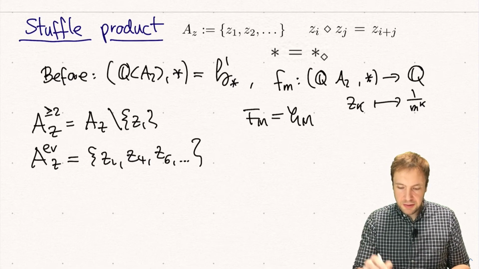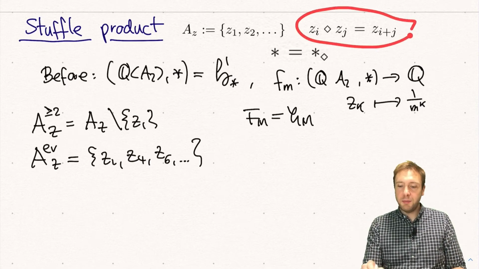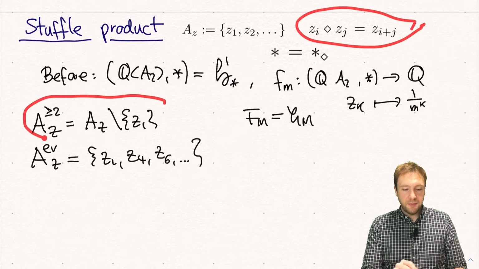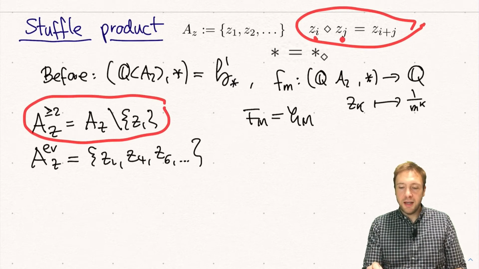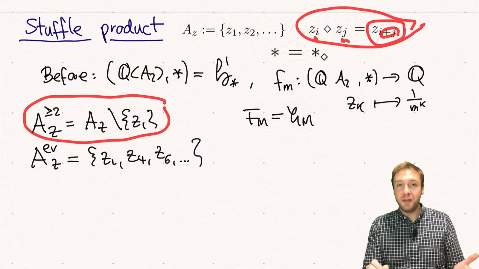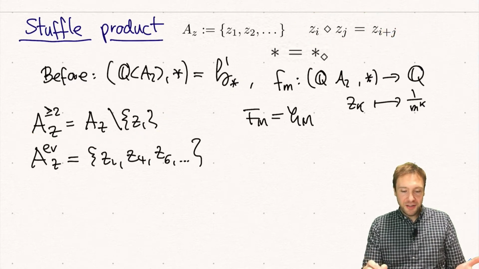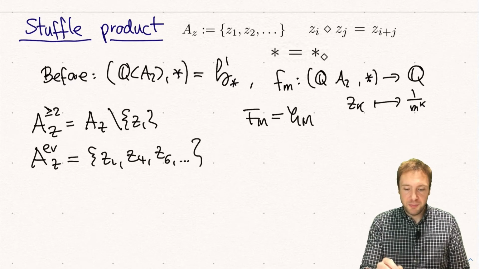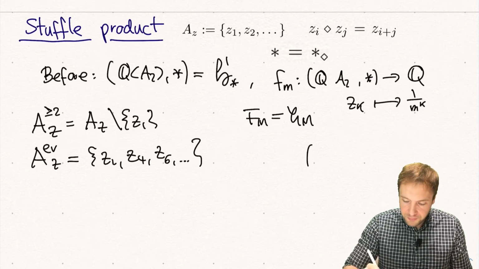And clearly, if I take this diamond product for elements, for example here, meaning i and j are greater or equal to 2, then of course also i plus j is greater or equal to 2. So this gives a subalgebra of letters.